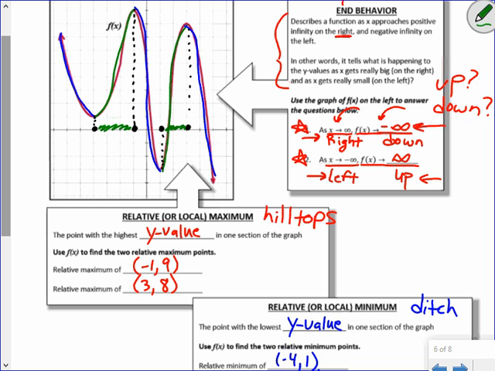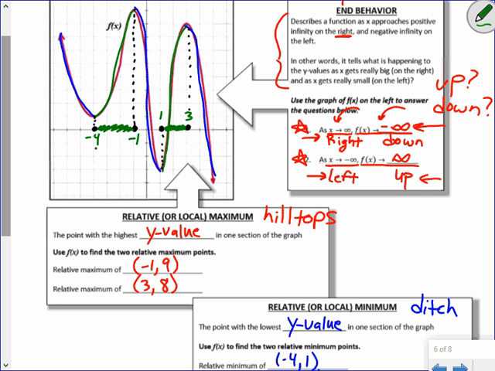So those two little sections that I highlighted here are the intervals that I'm going to write down for my intervals of increase, decrease. Over here, let's see, this is negative 4, this is negative 1, positive 1, and then it's getting a little blurry on the screen, but I'm pretty sure that's 3. Yes, that's 3. So I'm going to use these numbers.